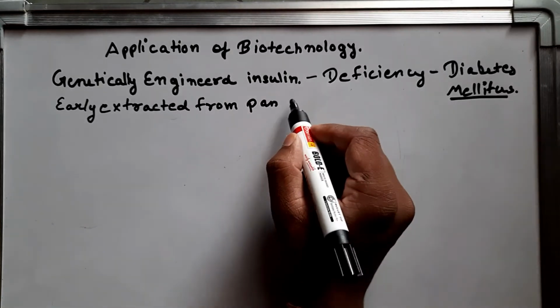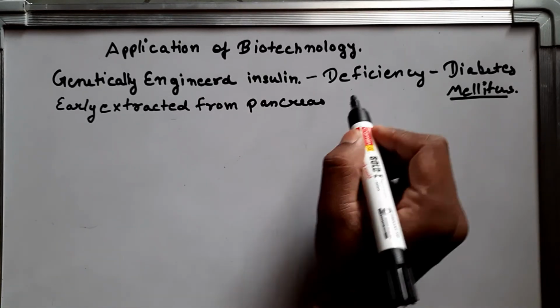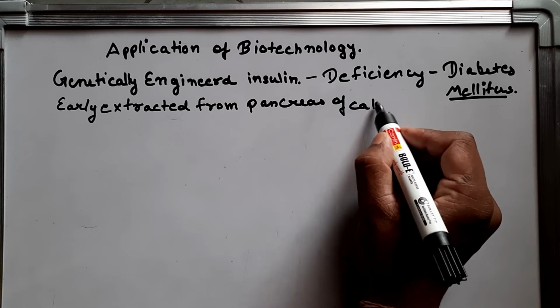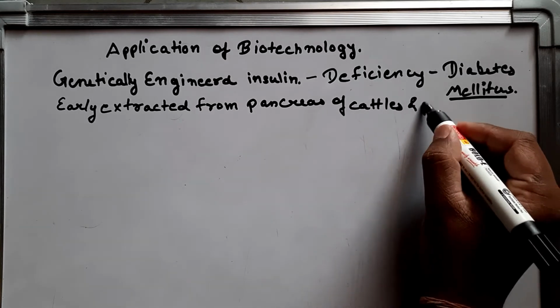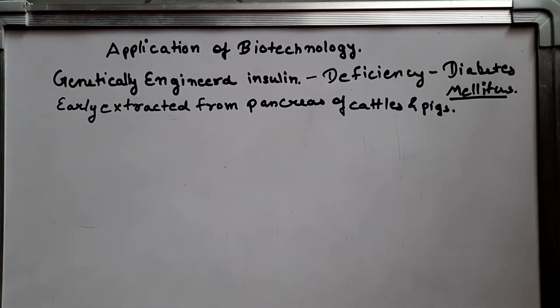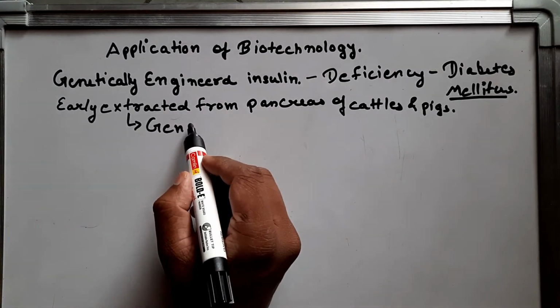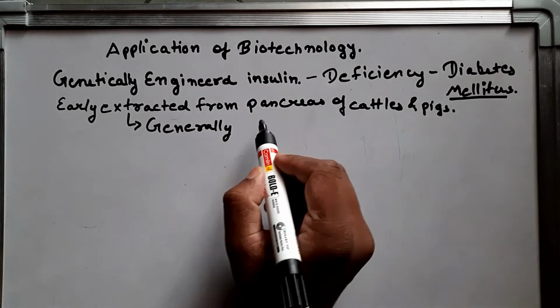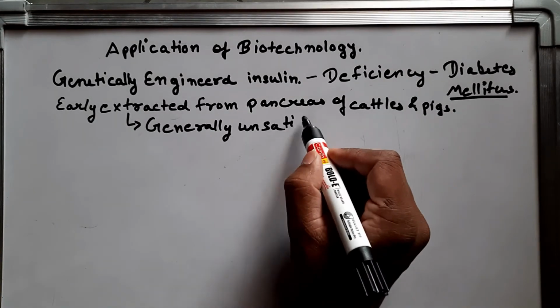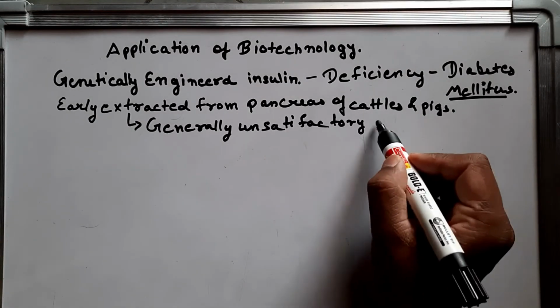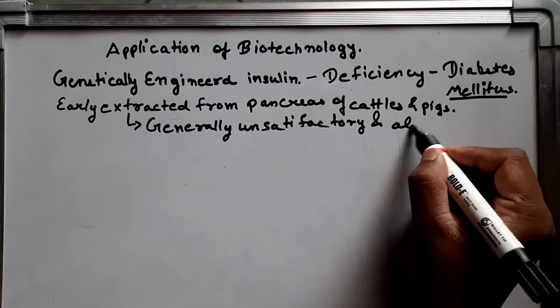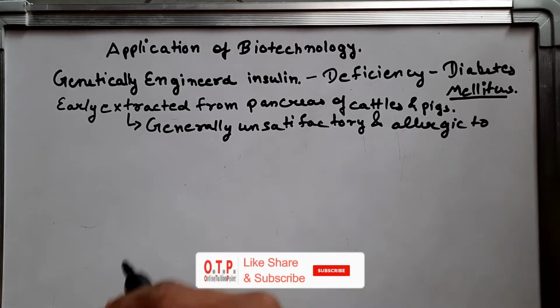That insulin was generally unsatisfactory and allergic to some people. To treat this problem, a large amount of insulin was required, and insulin which is like human insulin was also required.